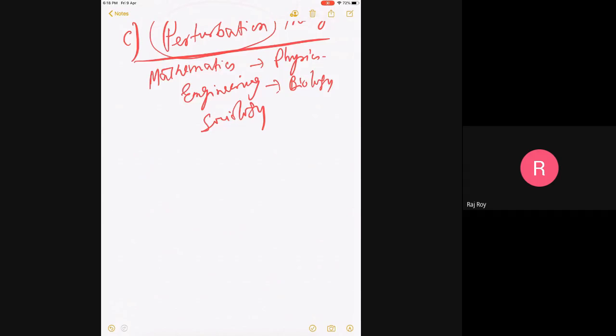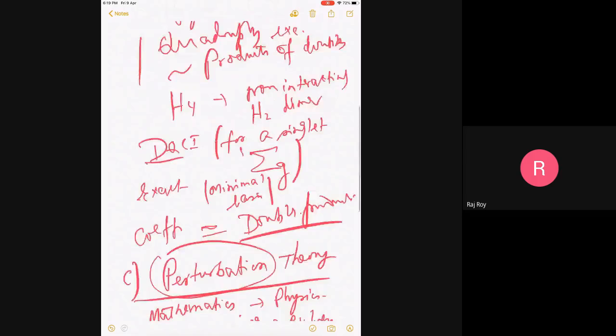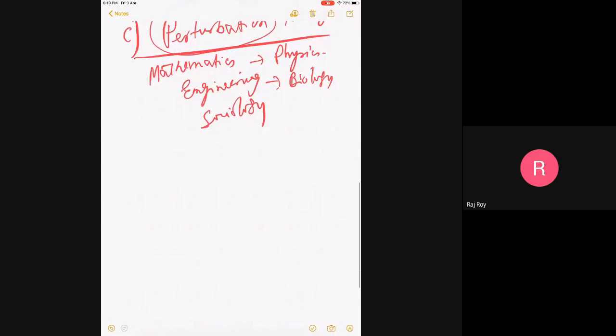So let me first start with a system whose solutions are known, and that is the basic idea of the perturbation theory. So in this case, for the Schrodinger equation, it means that there is a Hamiltonian whose solutions are known. And that is very important. Entire solutions are known.